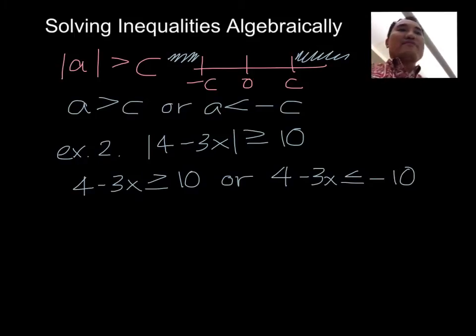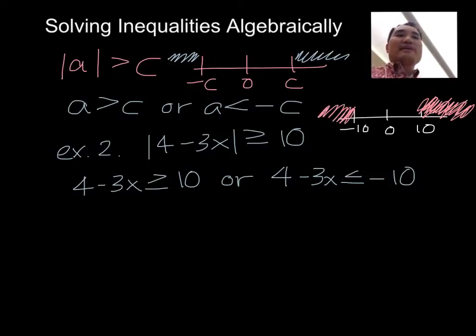Let's see this graphically. Here is 10, here is negative 10. So the expression that is inside the absolute value needs to be either over here, where it's greater than 10, or over here, where it's less than negative 10. That's the only way that you can be more than 10 units away from 0.